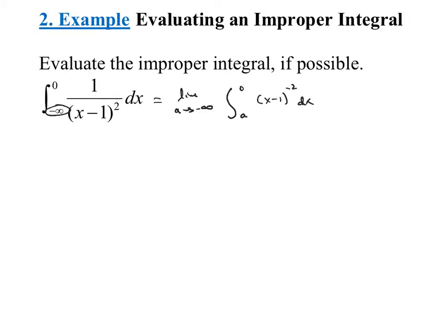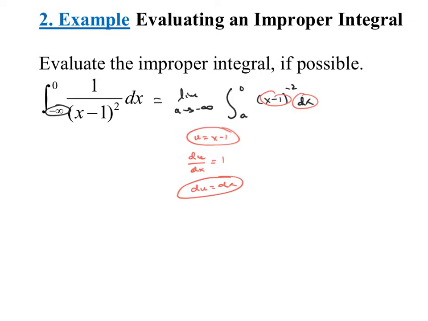I don't know how comfortable you are with your integration rules and techniques yet. For instance, on this one, I know you're going to use a u-sub. So this is u equals x minus 1, so du/dx would be equal to just 1, so du equals dx. So I'm going to substitute in for u, and I'm going to substitute in for dx.